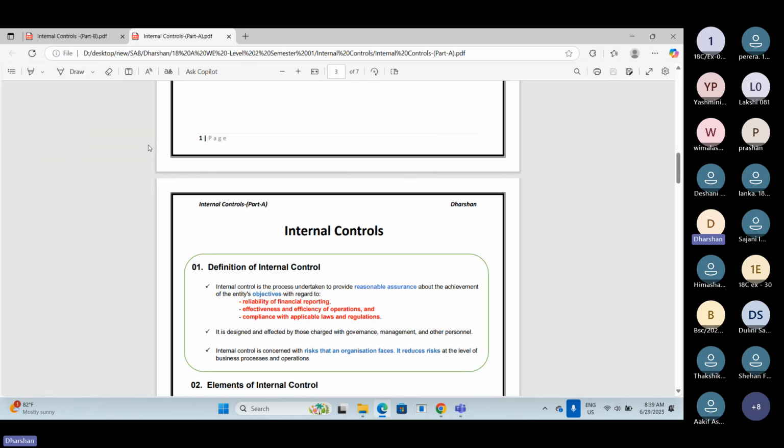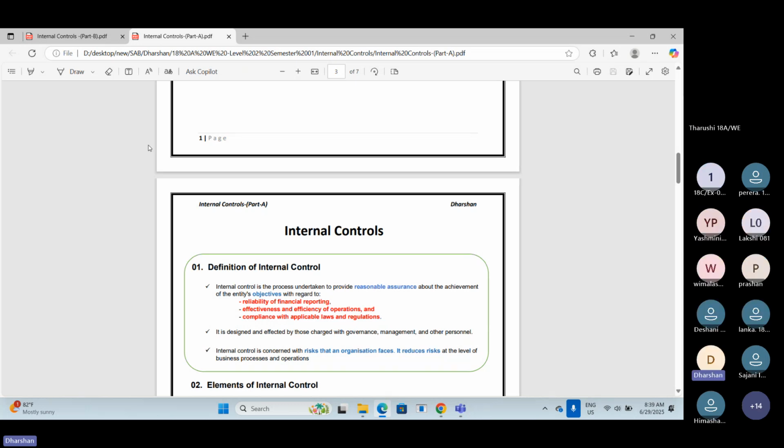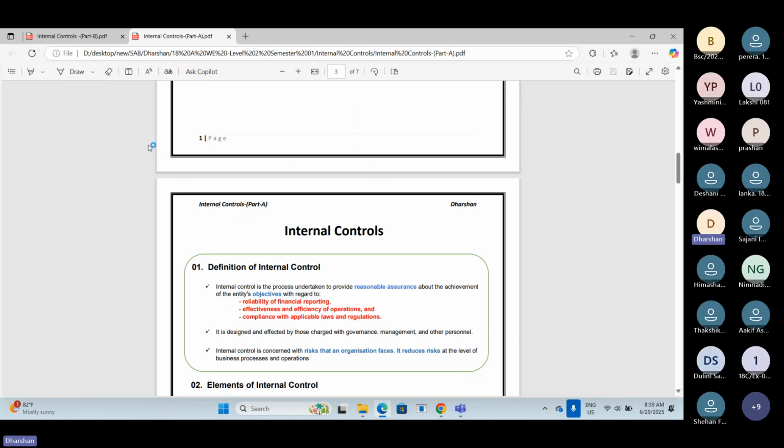So whatever internal controls you learned under business process, which means examples of internal controls, after discussing these objectives you should be able to link each and every internal control example to these objectives. If you take the sales process, purchase process, cash management process or PP management process, just list down the internal controls, and in order to get knowledge about the objectives, link each internal control to the relevant objective.